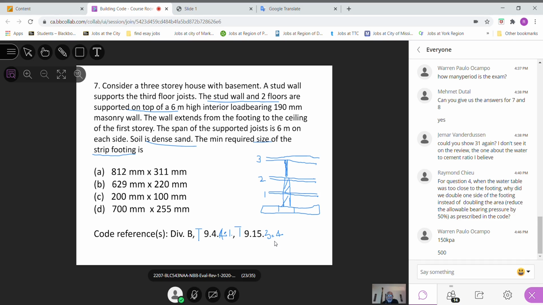Right, we have 500 to start, okay? But because the span is 6 meters, what do we have to do? Yeah, we used 9.15, Raymond, because the soil was more than 75.